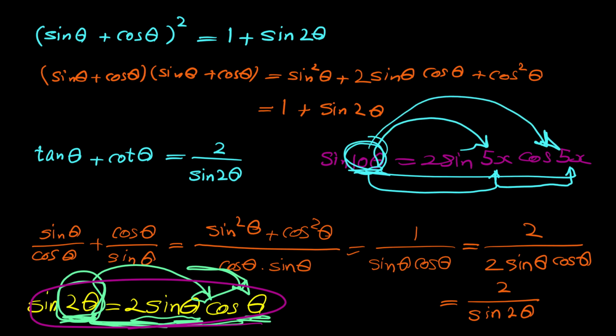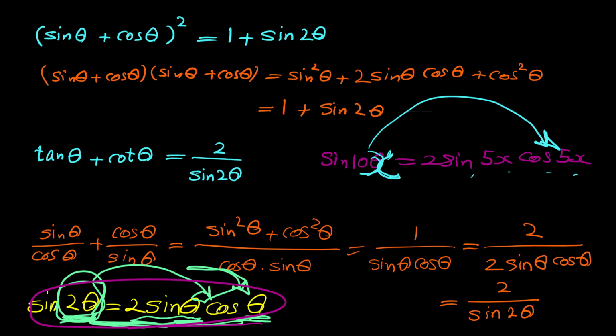We have to divide it by 2 and put it here. 10x, suppose this is x, this should not be theta. Sine of 10x is 2 sine of 5x cosine of 5x.